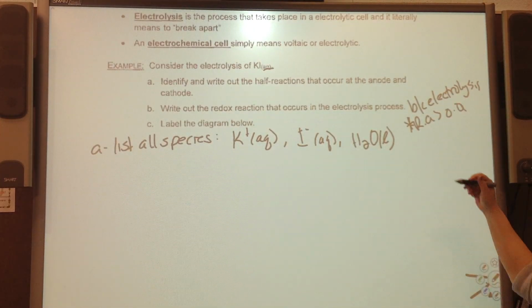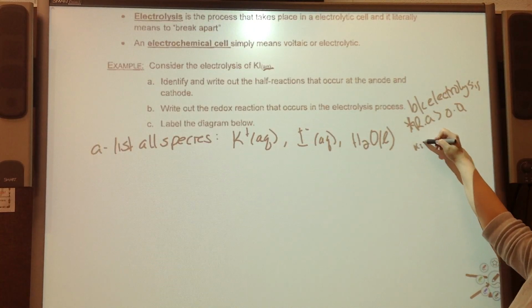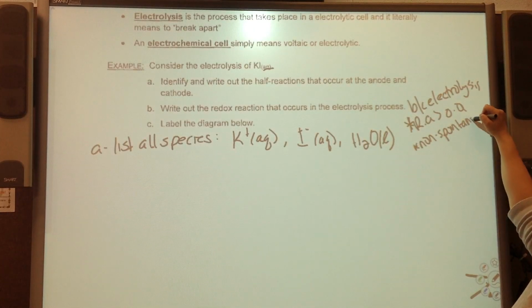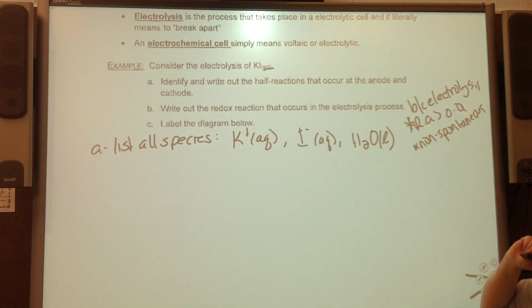Okay? So it's non-spontaneous. So when we know that it's non-spontaneous, which one becomes our quote-unquote strongest reducing agent then? Iodine.